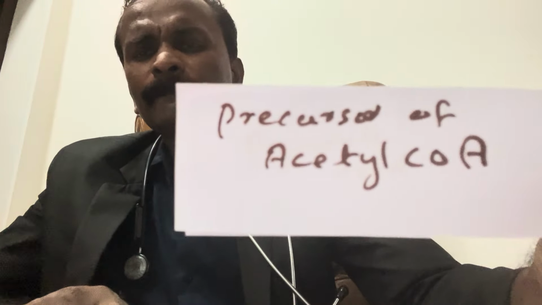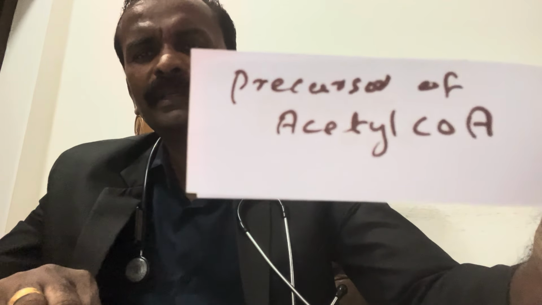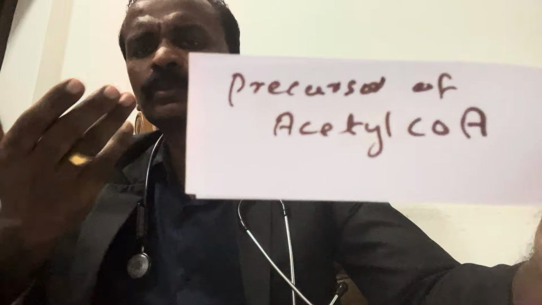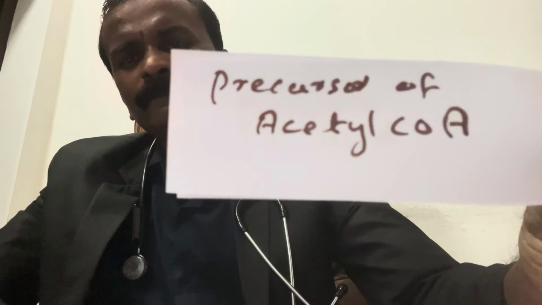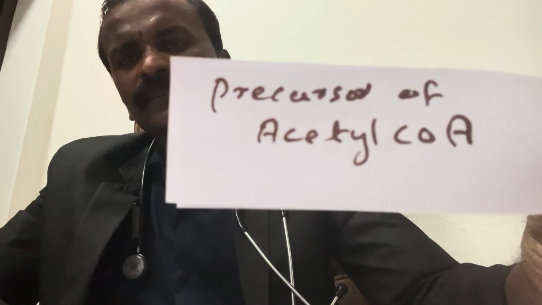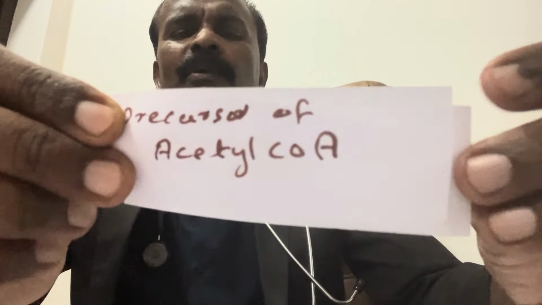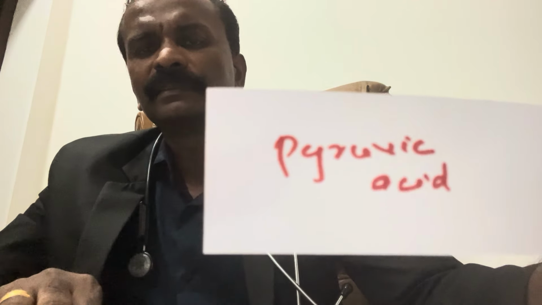So what is this, also you can answer now. What is the precursor of acetylcholine? Precursor means one step behind from where acetylcholine comes. Precursor of acetylcholine is pyruvic acid, right? Pyruvic acid.